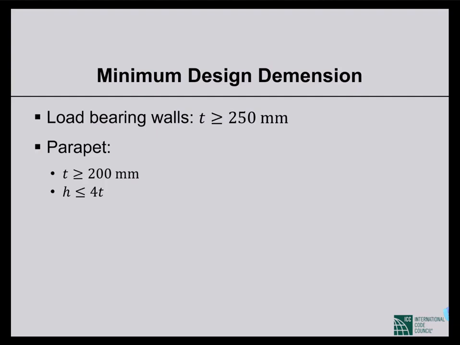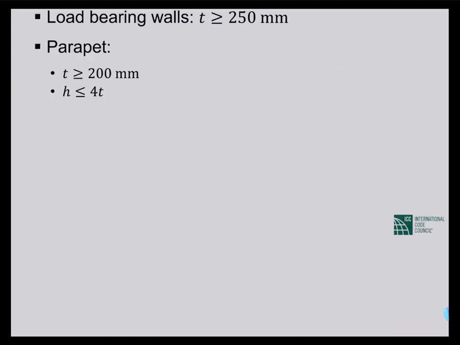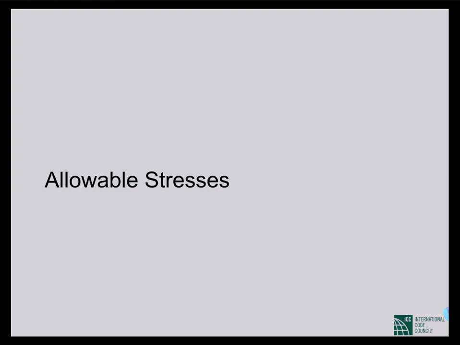For a parapet, the minimum thickness requirement is less, that is 200 millimeters. And the height of the parapet must be less than 4 times the thickness of the parapet. In other words, if we want a higher parapet, then we have to increase the thickness. So those were basic design requirements.